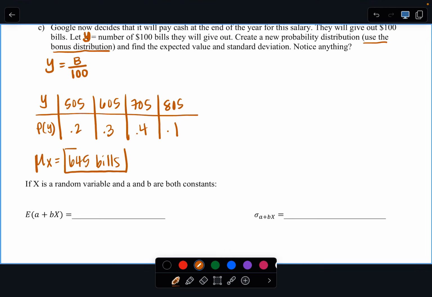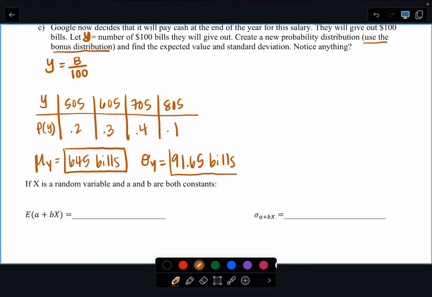And again, you want to make sure you have units. The standard deviation, it's not X. I'm just so used to writing X. Y. The standard deviation is 91.65 bills.